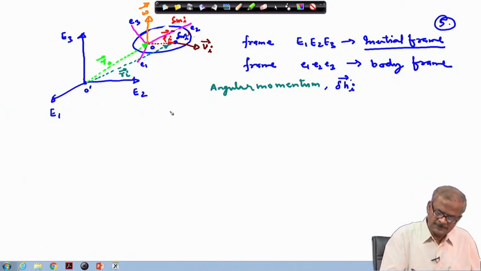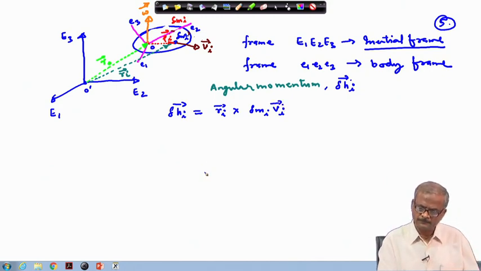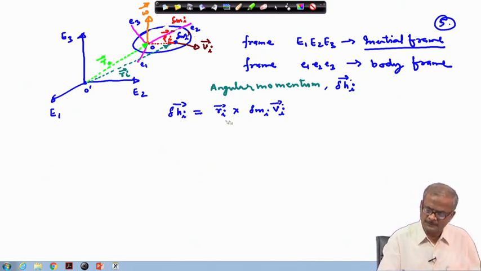So, this delta H I we can write as R I cross the linear momentum of this particle, which is delta m I times V I. Okay. So, this is the radius vector, and this is the linear momentum.